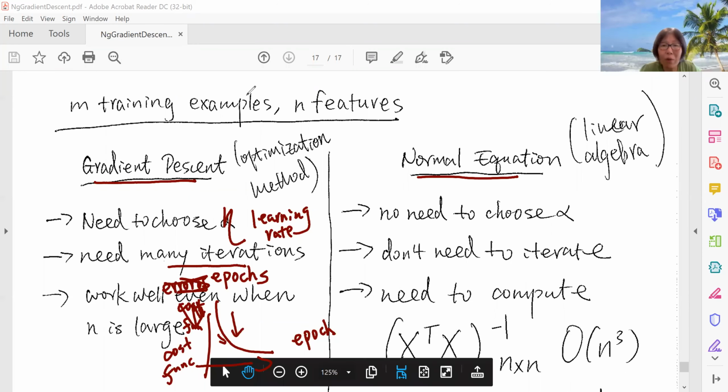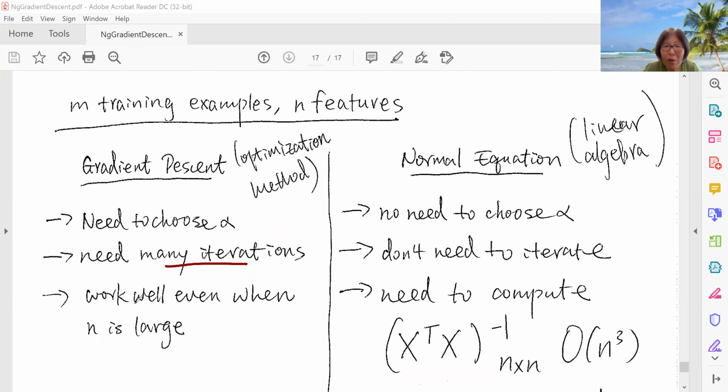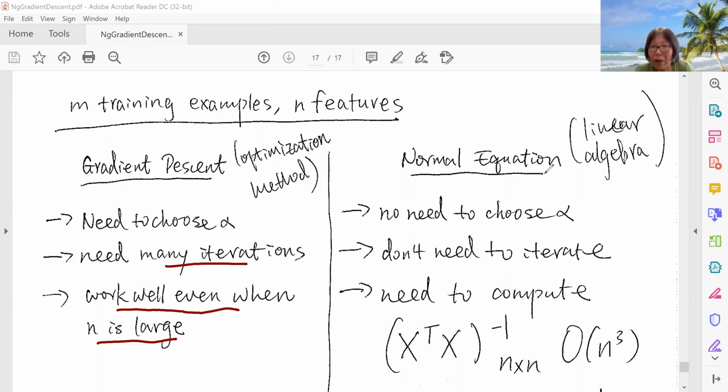So for gradient descent, even though it may need many iterations, it overall works well, even when the number of features is large. But in comparison with the analytical way, there is no need for a learning rate, and no need to do iteration, so no number of epochs.